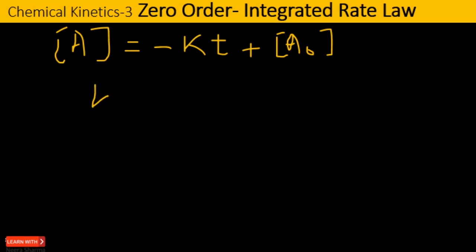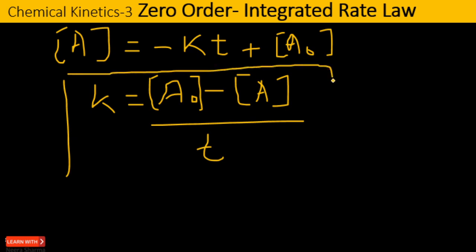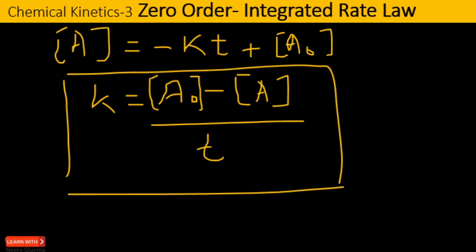So K will be equal to A naught minus A by t. So this is the integrated rate law equation of a zero order reaction.